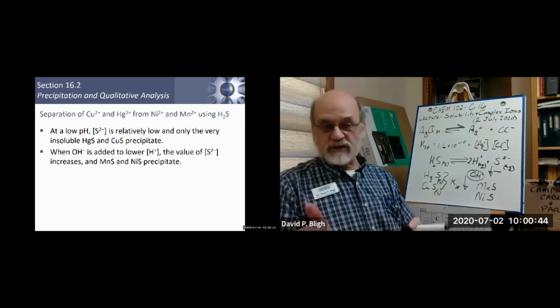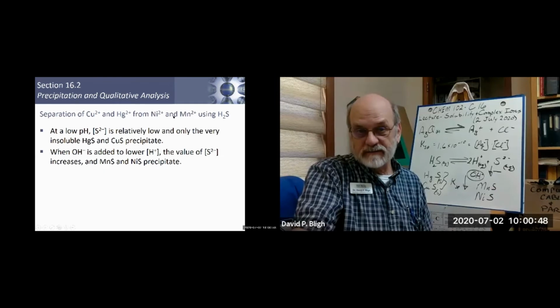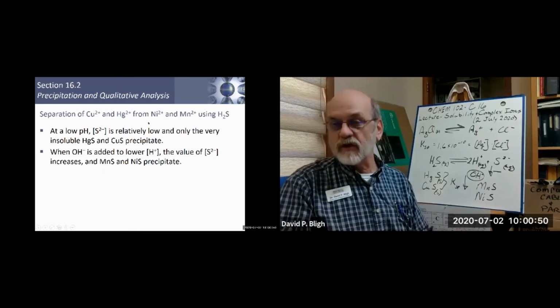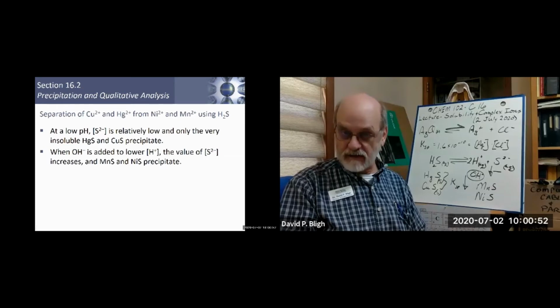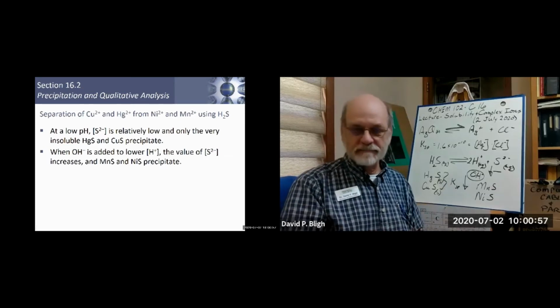So that begs the question, how do you know that these are even there? Well, you take a small sample of them and do a qualitative analysis to find out, are those ions there? Right? And there are methods for doing that.